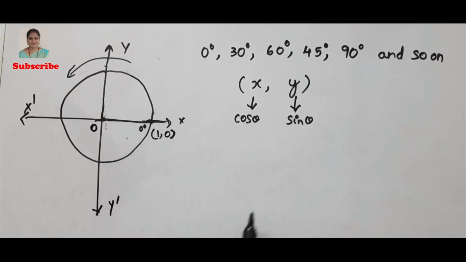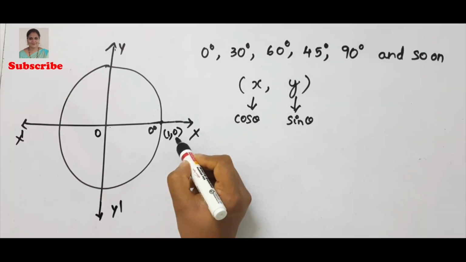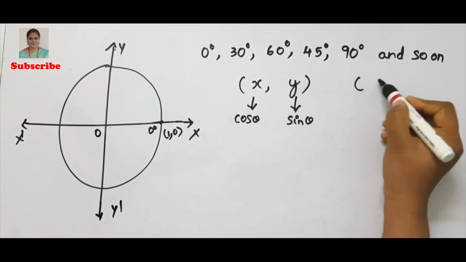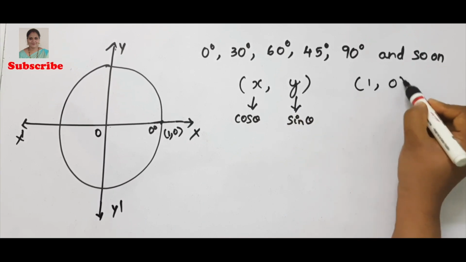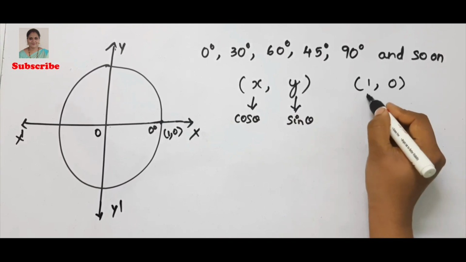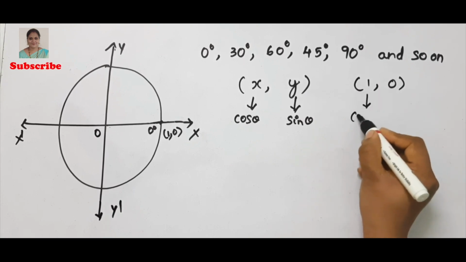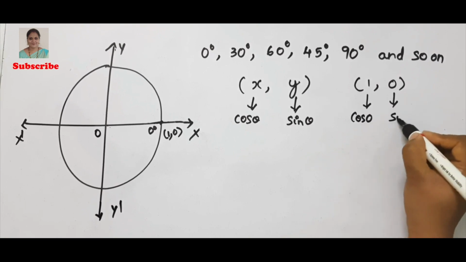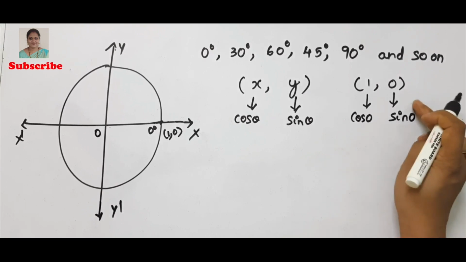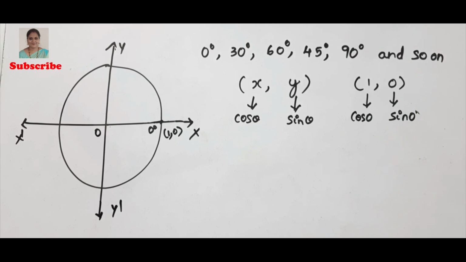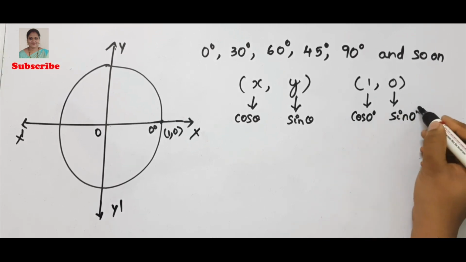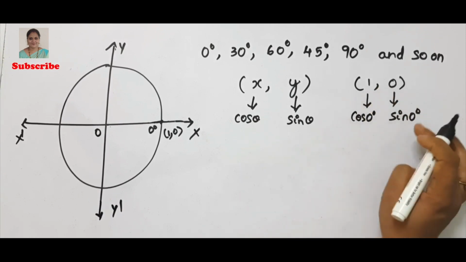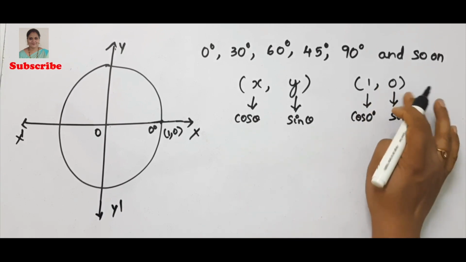In this ordered pair (1, 0), the x-intercept is nothing but the value of cos 0 and the y-intercept is nothing but sin 0. The value of cos 0 degrees is 1 and the value of sin 0 degrees is 0.